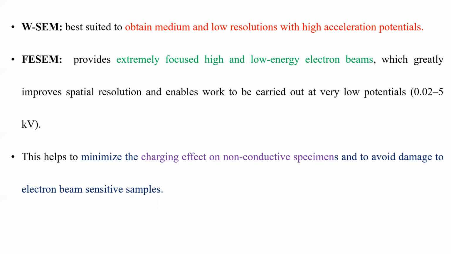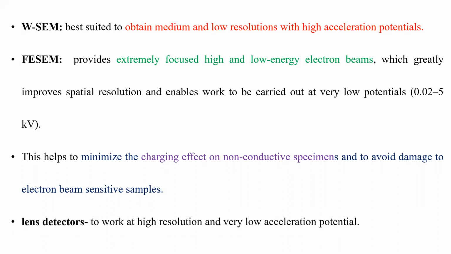If you have non-conductive elements in your sample, then you need to go for coating. The coating is decided depending on your sample: you can go for carbon coating or gold coating. By using that, we can analyze the surface of your sample. And lens detectors help to work at high resolutions and very low acceleration potentials.